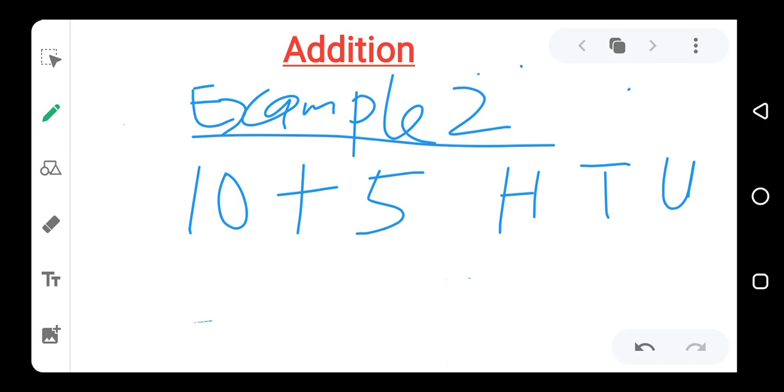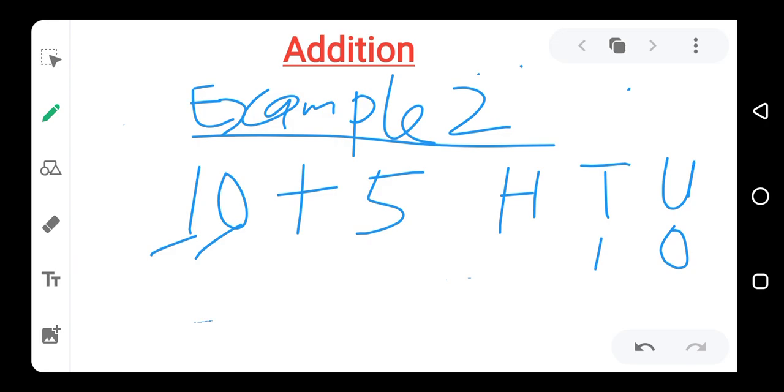This is the first thing. Now the first number is 10. 10 has 2 digits, 1, 0. Now the one that has 2 digits, we put the first one under units and the second one under tens. So we put 0 under units and 1 under tens.